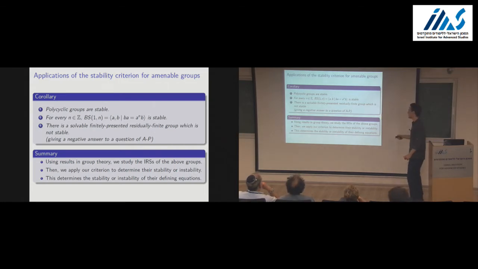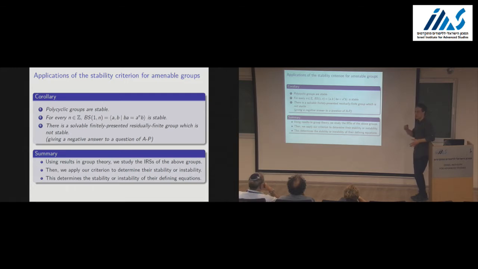Let's summarize in 3 bullets what we did. I'm summarizing from the end. So using some results in group theory, you can study the invariant random subgroups of those groups. Then, using the criterion that we proved, my work with Lubotzky and Tom, you can apply your knowledge of the invariant random subgroups of these groups to determine stability or instability.